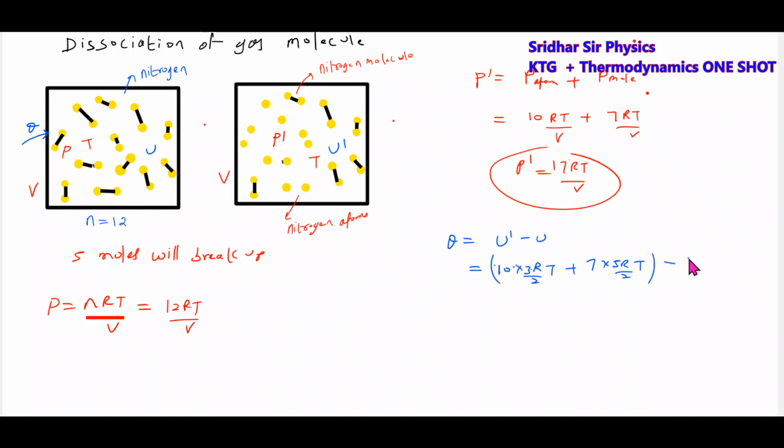That's the final energy. The initial energy will be 12 into 5R by 2 into T. You check it, this will be 30RT. The final is 15RT plus 7 into 5 is 35, 35 by 2, 17.5RT, which gives 32.5RT. The initial is 30RT.